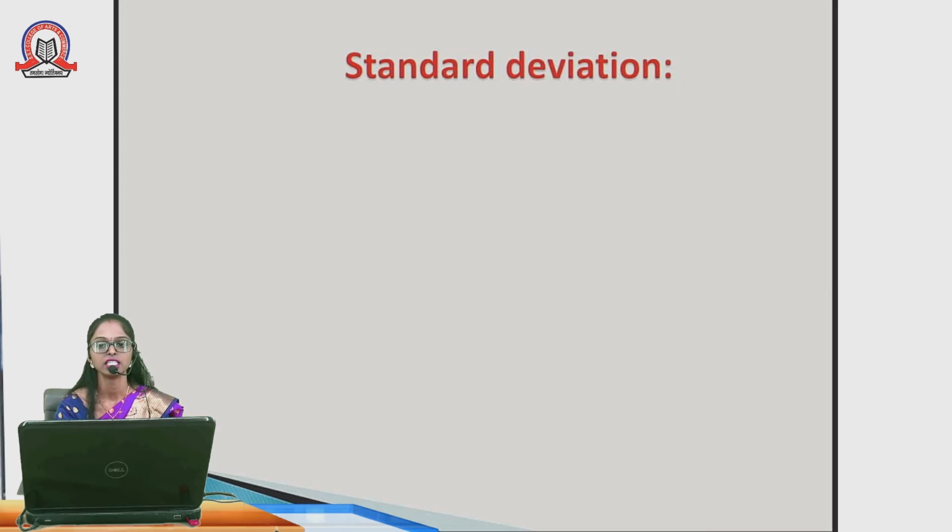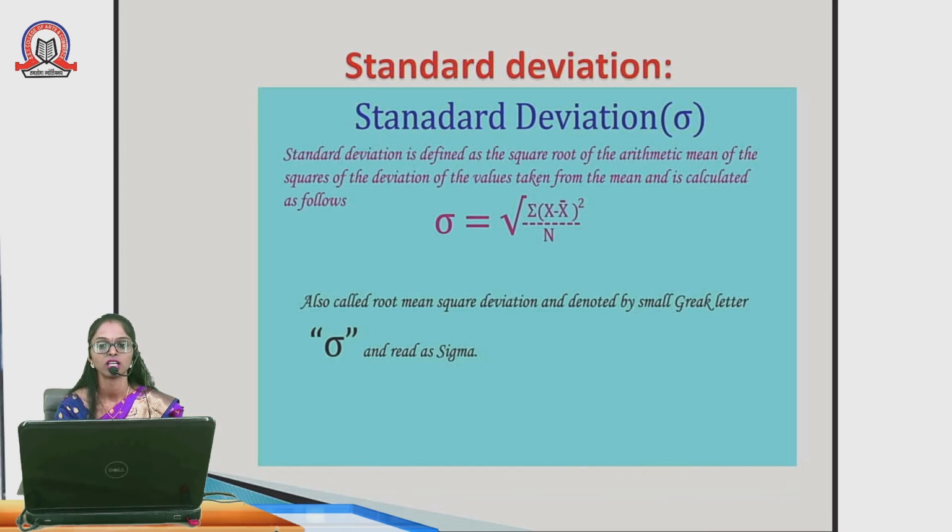Next we see standard deviation. Standard deviation is defined as the square root of arithmetic mean of the square of the deviations of the values taken from the mean, median or mode, and it is calculated as follows. Use the sigma symbol.